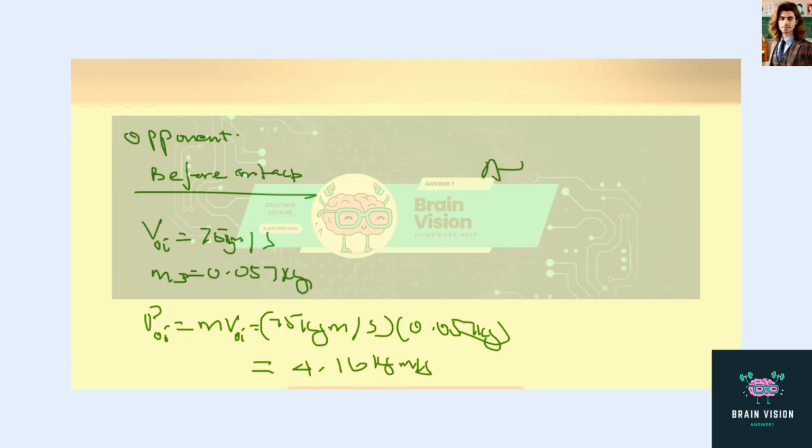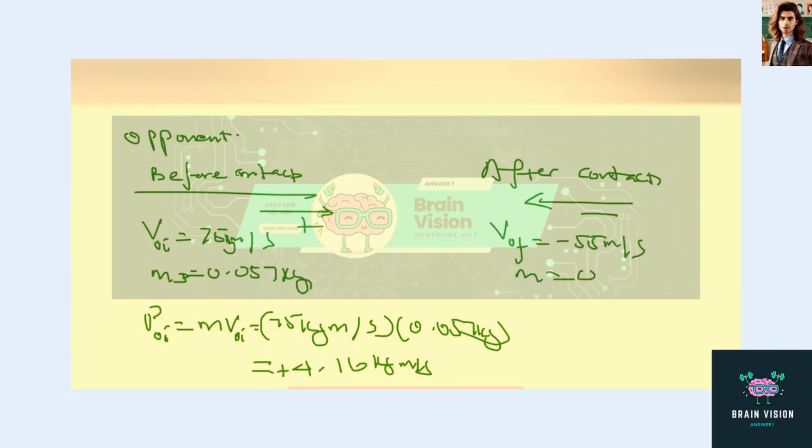And then we have after contact. One thing you want to see is that before contact we had a positive direction, because the ball is moving that way. After contact, it's moving in the negative direction. So the final velocity is negative 55 meters per second with the mass of 0.057 kilograms.